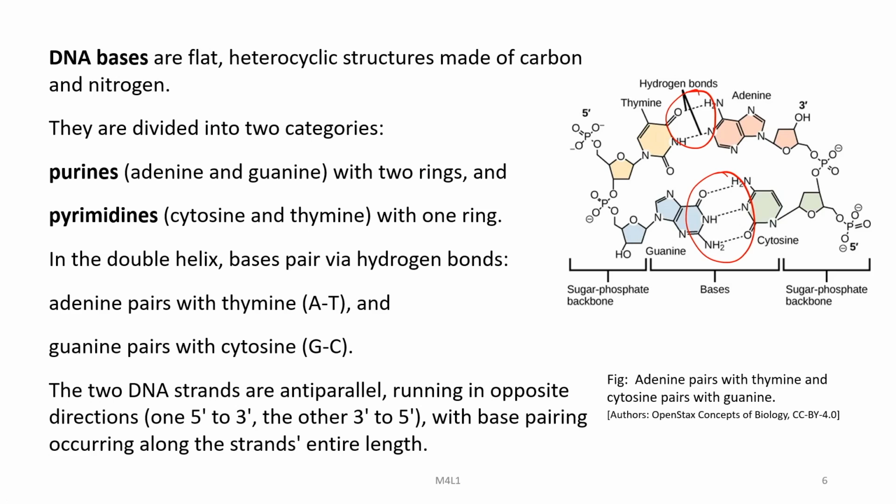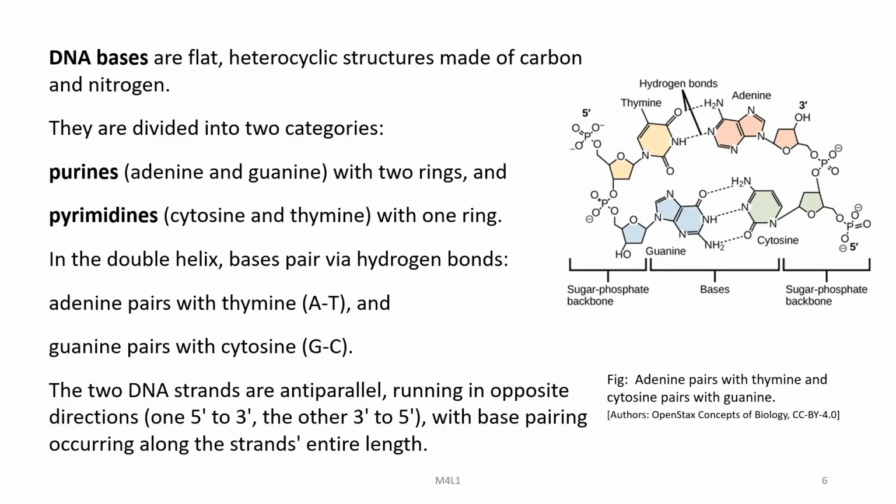From the diagram itself you can see that thymine and adenine form two hydrogen bonds, while guanine and cytosine form three hydrogen bonds. So, in the double helix, in brief terms, bases pair via hydrogen bonds: adenine pairs with thymine by two hydrogen bonds and guanine pairs with cytosine by three hydrogen bonds.